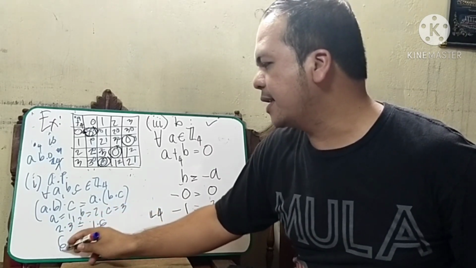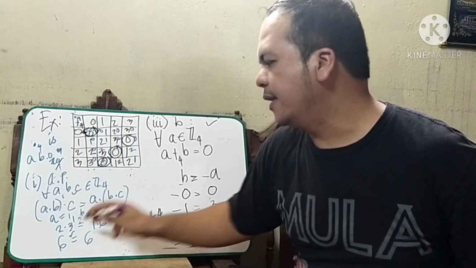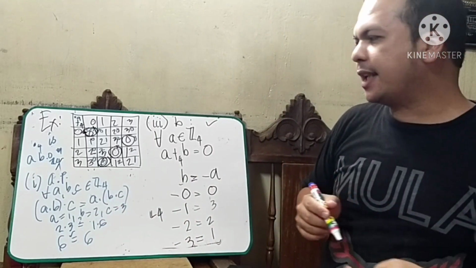So 6 is equal to 6. So the first property is being satisfied.